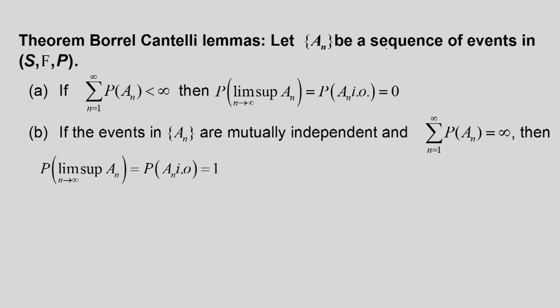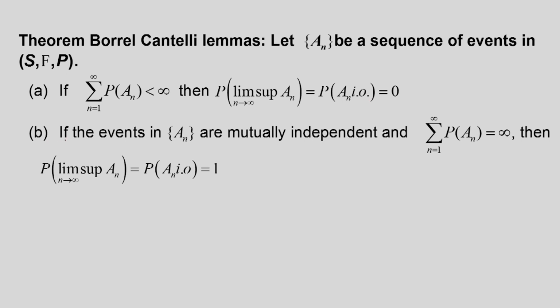Let A_n be a sequence of events in the probability space (S, F, P). Now, if the summation of P(A_n) going from 1 to infinity is less than infinity, that is, this series is convergent, then the probability of lim sup of A_n is equal to 0. So if this sum is less than infinity, then this probability will always be equal to 0.